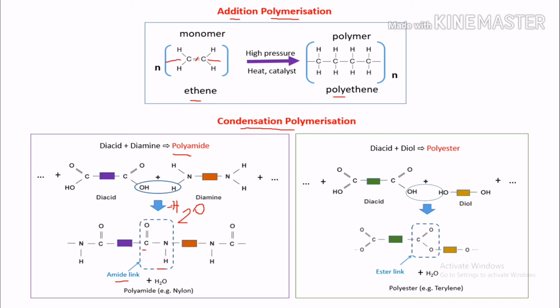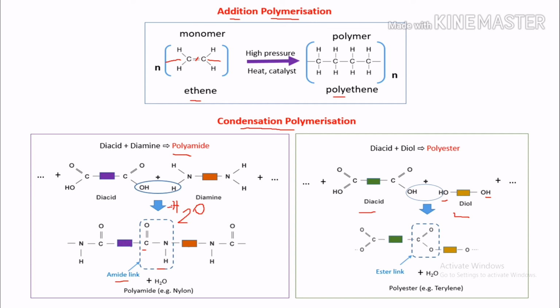Another one is polyester. We react a dicarboxylic acid, a diacid, plus a diol, a dialcohol. Dicarboxylic acid: one acid contains two carboxylic acid groups, two C double bond OOH, and the dialcohol has two OH groups.